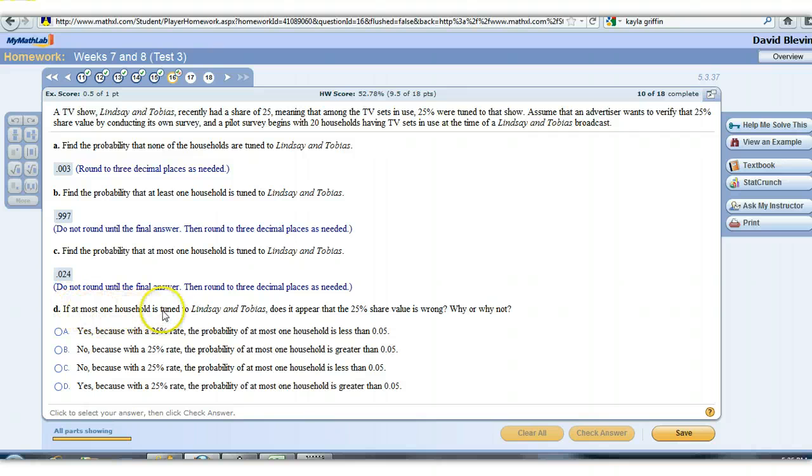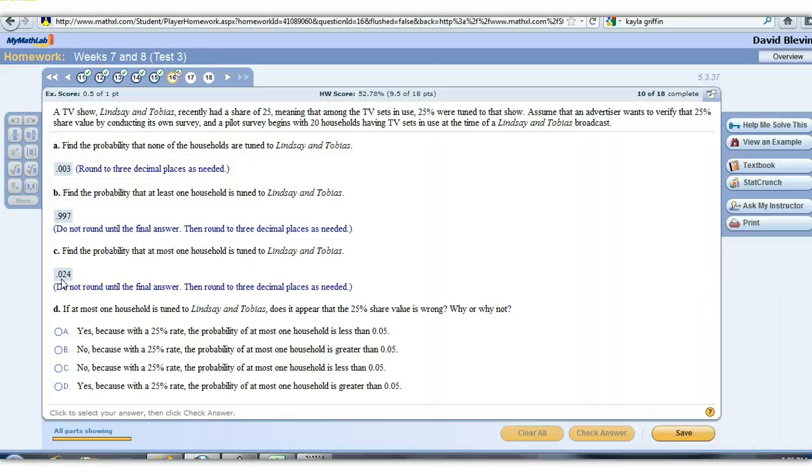Alright, if at most one household is tuned in to Lindsay and Tobias, does it appear that the 25% share value is wrong? Absolutely. If at most one household, 0 or 1, is watching that, then we are seeing something that would only occur around 2% of the time, assuming that 25% of TV households in America are actually watching that.